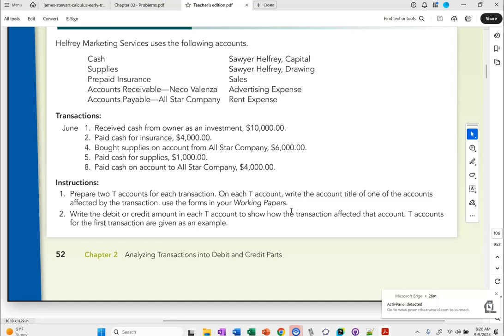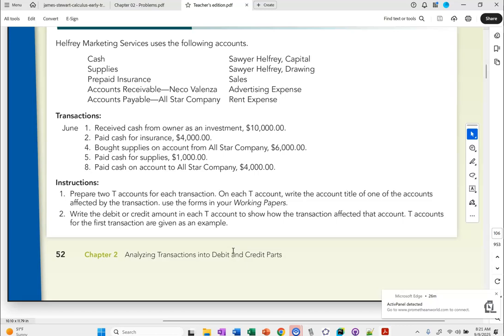June 4th, your two accounts are supplies and accounts payable. $6,000 on the left for supplies, $6,000 on the right for accounts payable. June 5th, your two accounts are supplies and cash. $1,000 on the left for supplies, $1,000 on the right for cash.